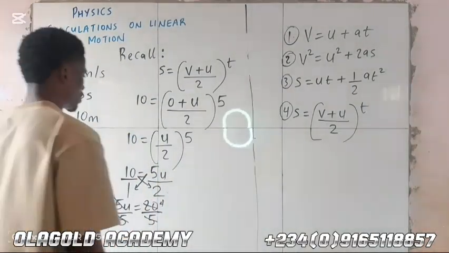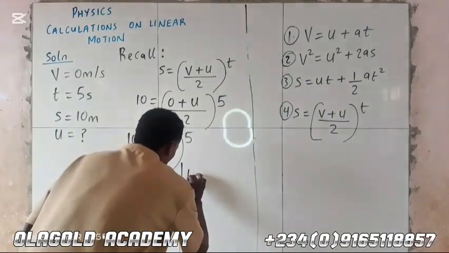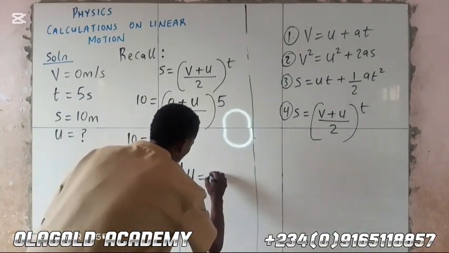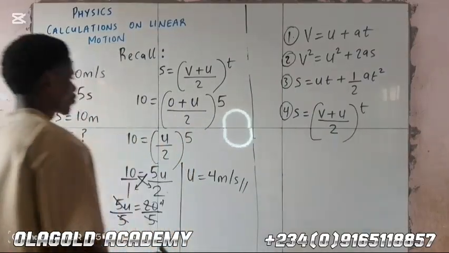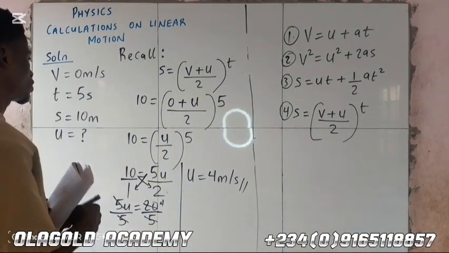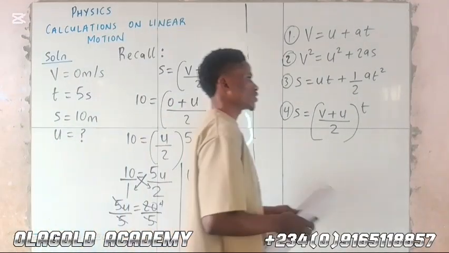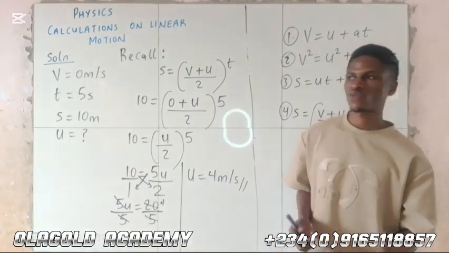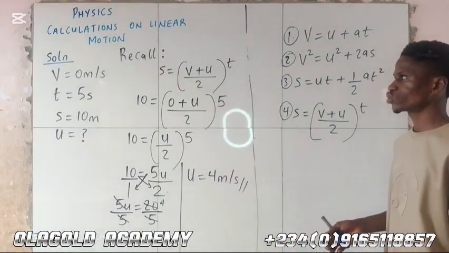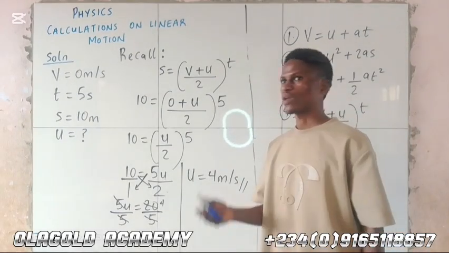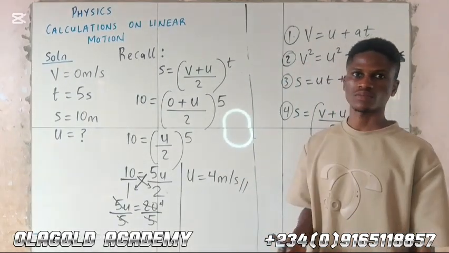So our final answer, initial velocity equals 4 meter per second. This is the final answer for this question. This is how we solve questions like this under linear motion or uniformly accelerated motion.